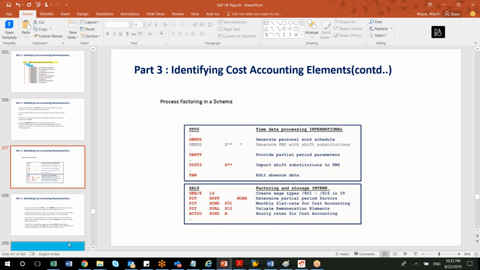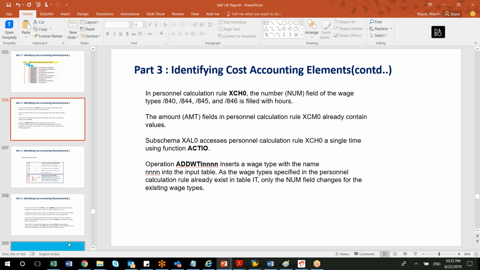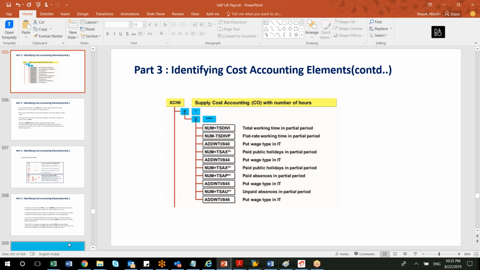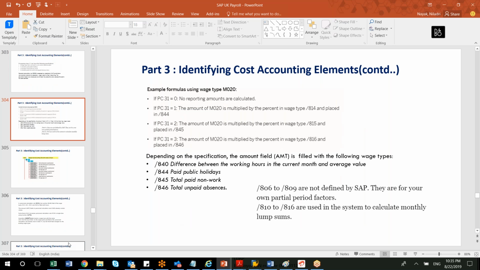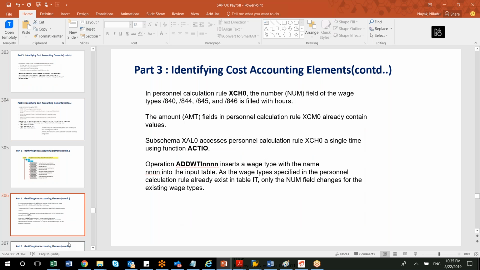After that, do the changes again and see the differences. If there are any changes, search for those respective wage types and those respective PCR rules. Then you come back and see what the differences are. Only then will you be able to understand how this factoring is calculated. That is from a cost accounting point of view.